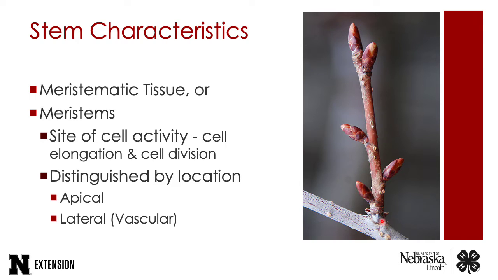So here in this little side shoot we have an apical bud, or an apical meristem, right at the tip. Now a lateral meristem can be defined as the buds on the sides. So we also have lateral buds which have lateral meristems associated with them.